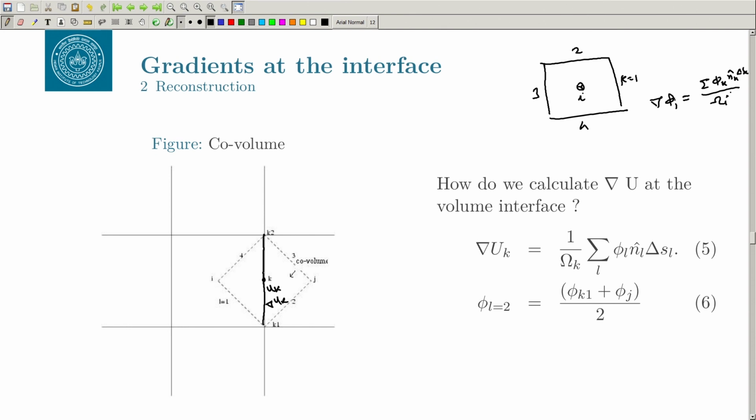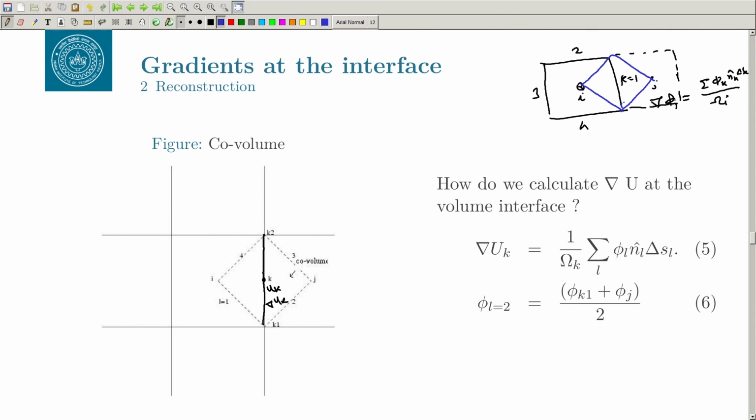Now, what you can do is imagine a co-volume, also called an auxiliary volume. So, you have a cell connecting to this, and let us call this J. You can connect all of this with the nodes that you have there and create a co-volume.